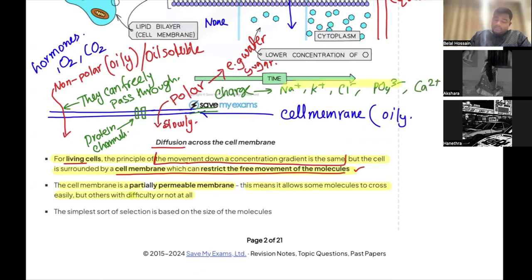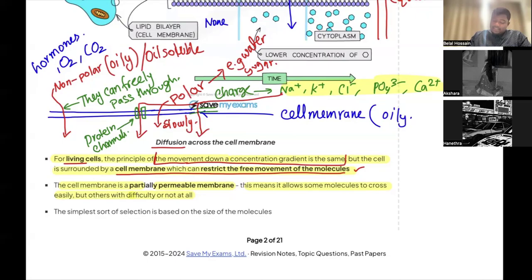So how will we get them? We will get them mostly through active transport or through protein channels. That's because they are charged, so they cannot pass through the cell membrane.